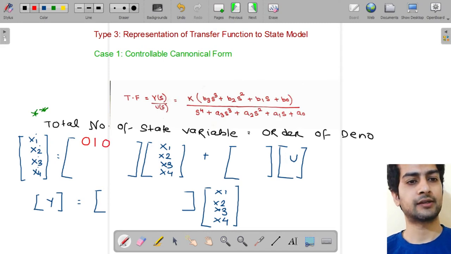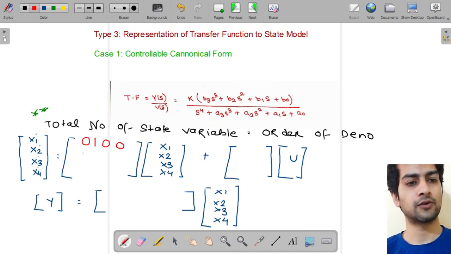And after that, take as many 0s as you want. Here our state variables are 4. So after writing 0, 1, we only need 2 zeros. So for the first row, the first two elements will always be 0, 1, and then the remaining number of zeros.